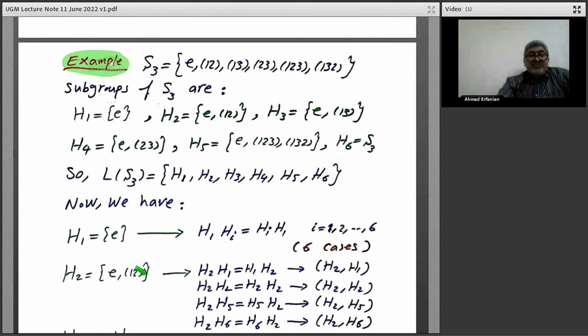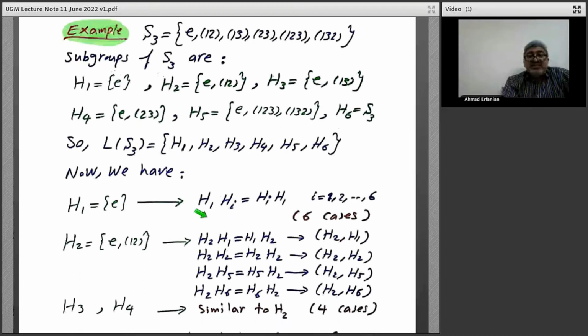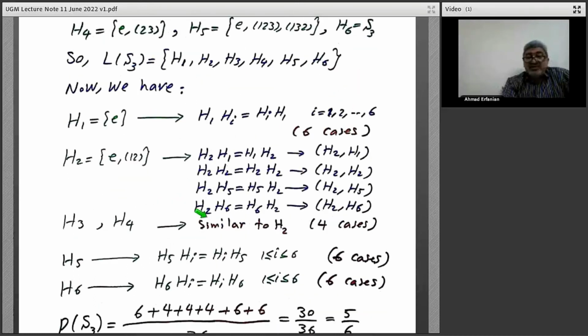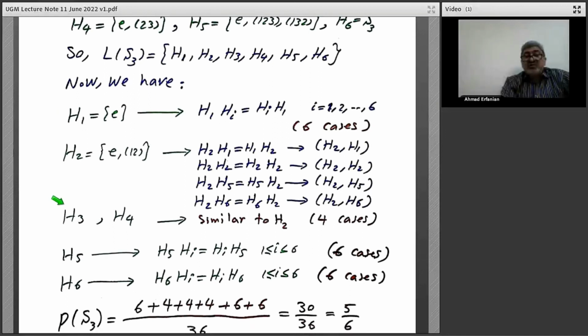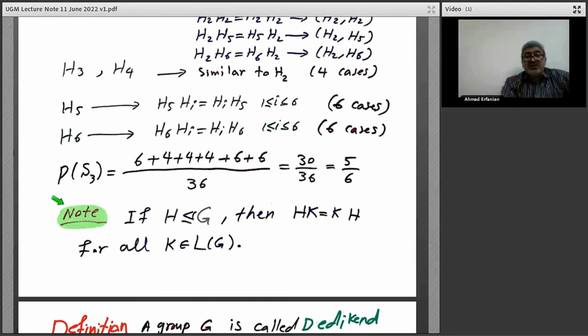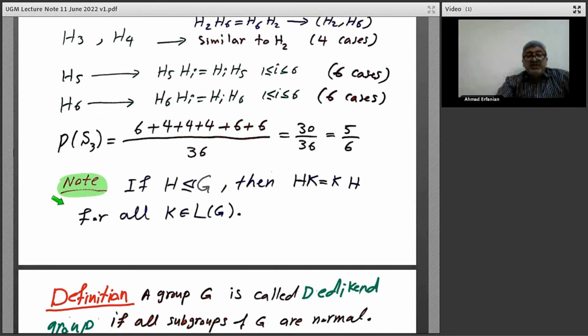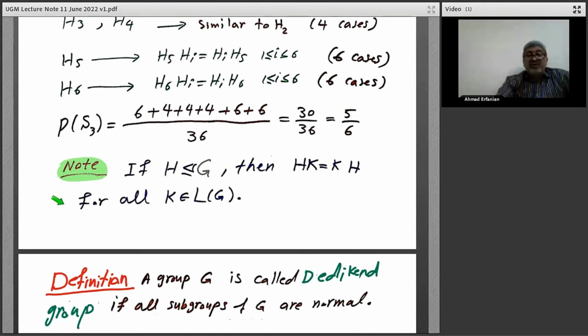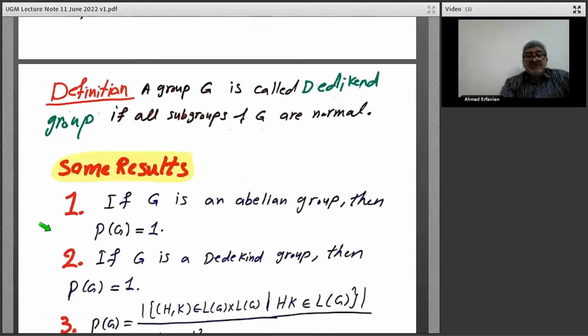For example, if you look at S3, we have 6 subgroups, right? Now you can see that the trivial subgroup H1 is adjacent to all other subgroups, right? A normal subgroup is permutable with all other subgroups. So here we found the permutability degree, which is 5 over 6.